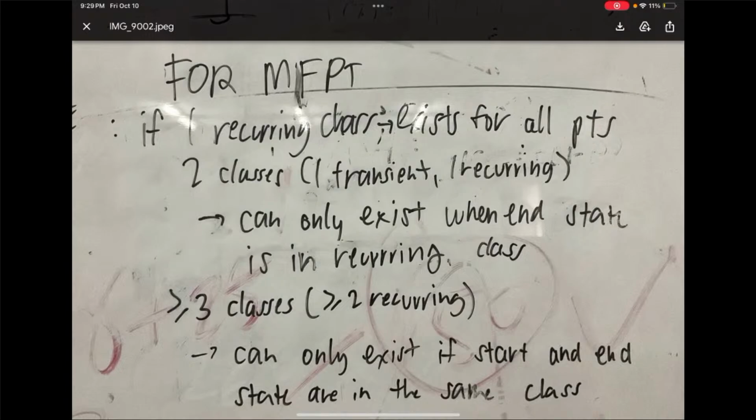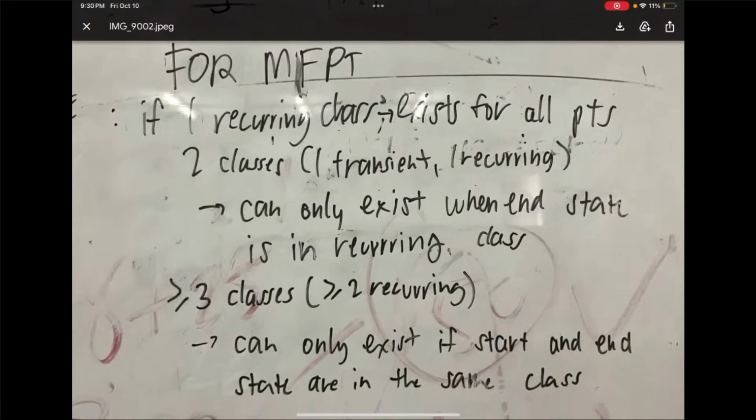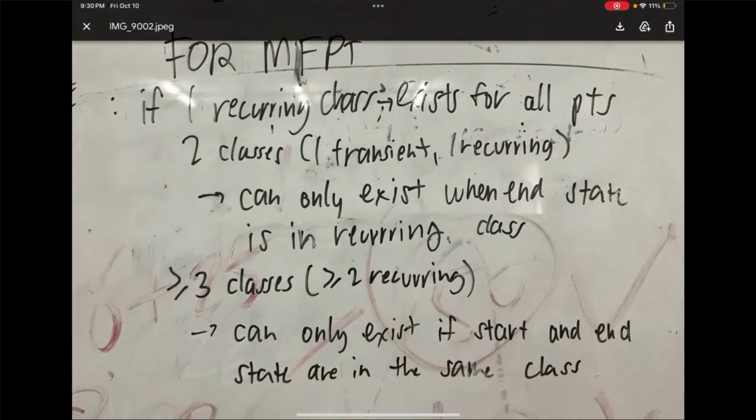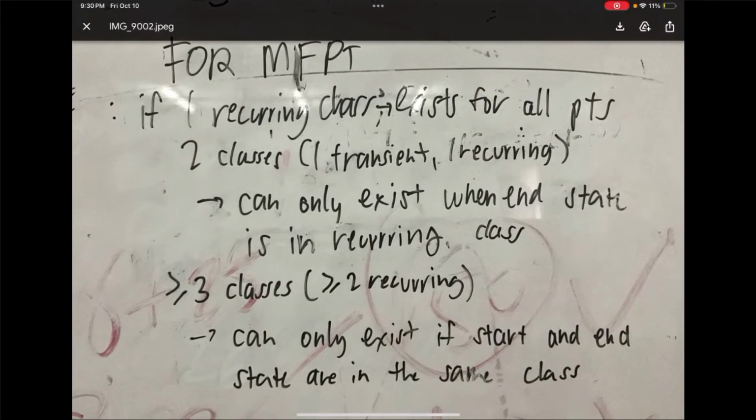If you have one recurrent class, the mean first passage time exists for all points. If you have 2 classes, one transient and one recurrent, it can only exist when the end state is in the recurrent class. If you have 3 or more classes and more than one of them is recurrent, the mean time before first passage can only exist if the start and end state are in the same class.